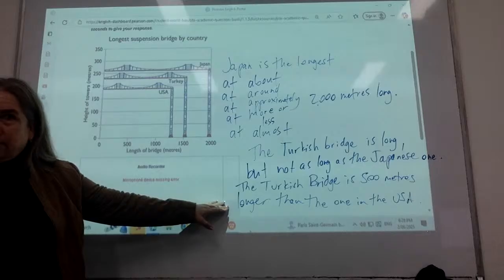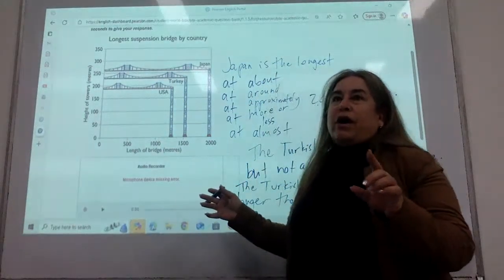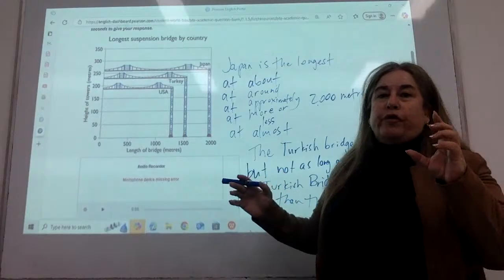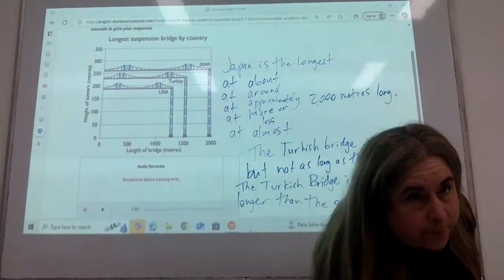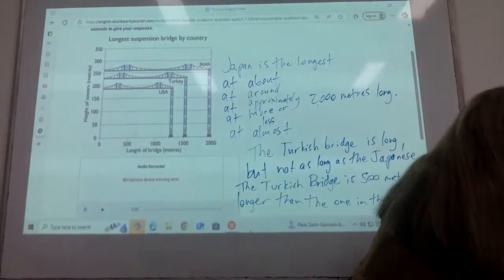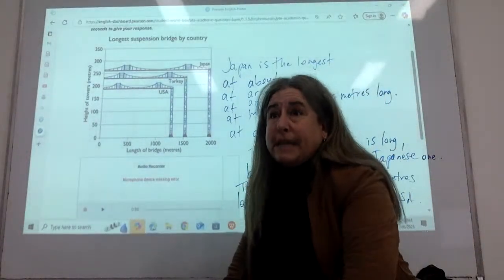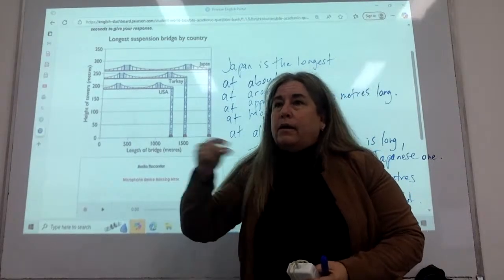Just comparatives and superlatives about this picture. So if this was a real PTE, describe image, you've got 25 seconds to do the analysis of the exercise, and then you have 40 seconds to speak. In 40 seconds, you have to be like this.